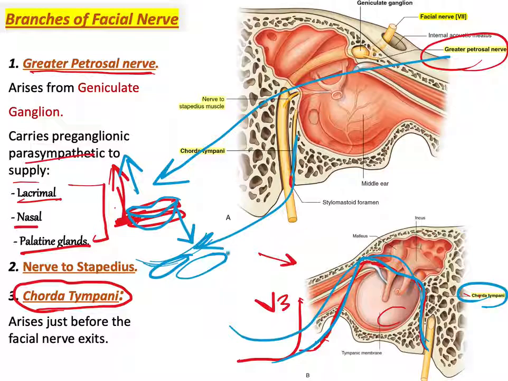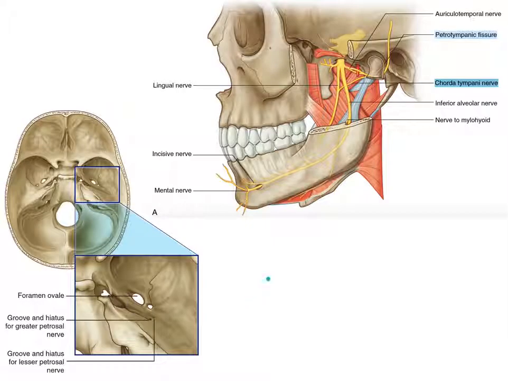right? Yes, once it leaves, the Chorda Tympani, as you see here, goes through the petrotympanic fissure. This is the petrotympanic fissure, because this is the tympanic plate and this is the petrous part, then it passes laterally and joins the lingual nerve, which is a branch from V3, the mandibular branch of the trigeminal nerve.